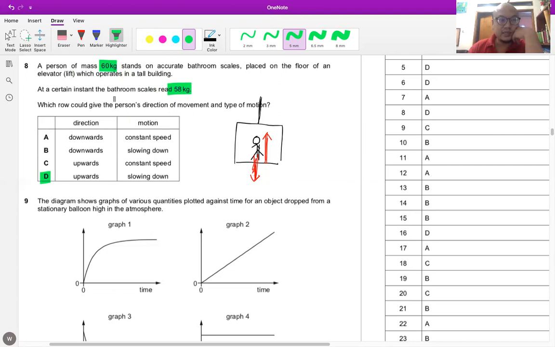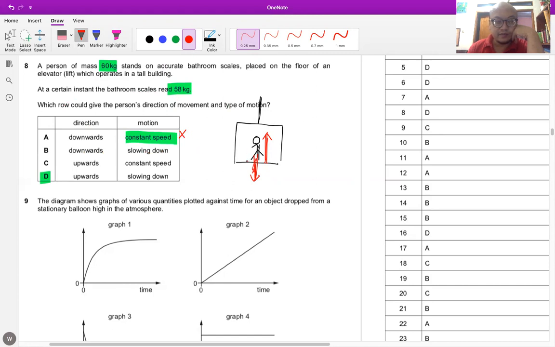Looking at the options, the first one, with constant speed, is wrong. For downward, slowing down, I think this is about slowing down because the scales read 58 kilograms.